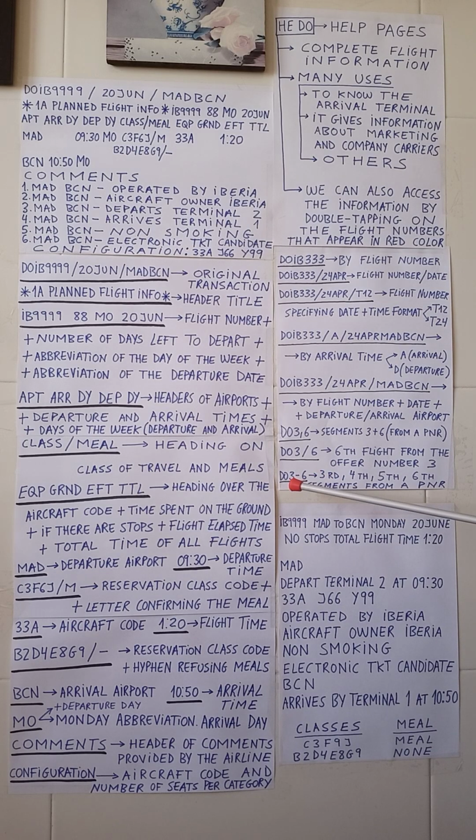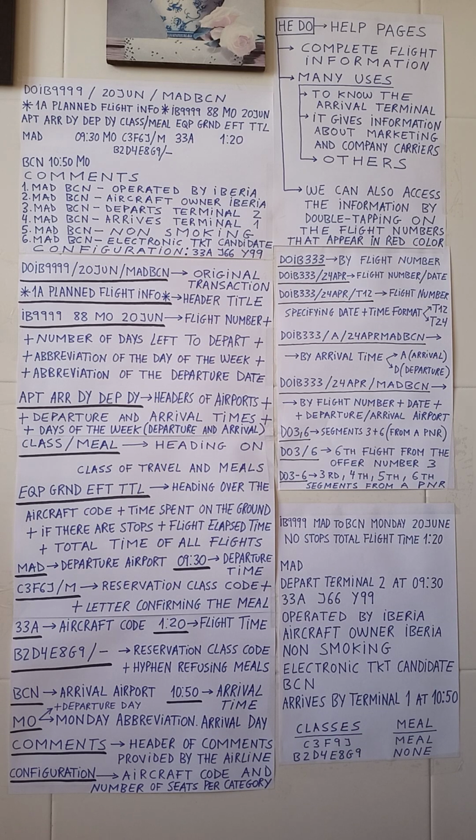So here you can see that it is from 3 to 6 because of the hyphen, and here it is 3 and 6 with the comma. So be careful with the difference between the comma and the hyphen. The next page I will explain at the end of the video.